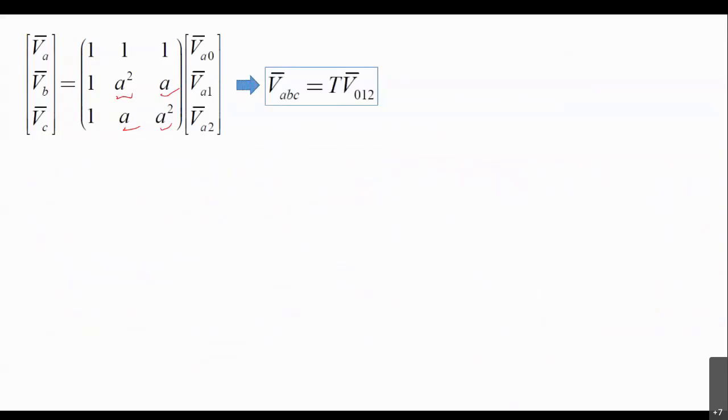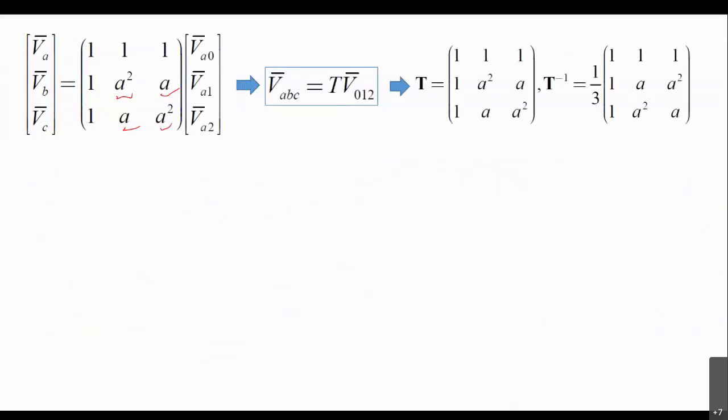Now in the matrix form I can write VABC equal to T of V012. T is nothing but that transformation matrix: 1 1 1, 1 a square a, 1 a a square. If we take the inverse of T, we find 1 by 3 of 1 1 1, 1 a a square, 1 a square a. It's a similar matrix, just the elements are interchanged, and it is divided by 3.